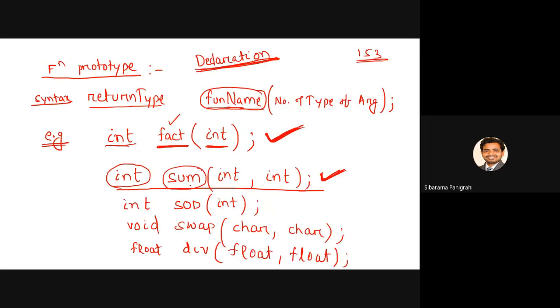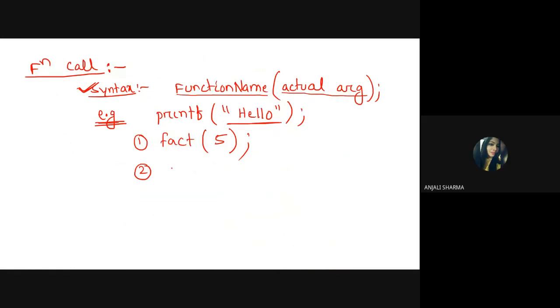Sum. So here what will you write? Sum. How many arguments were there? 2 arguments. A comma B. So a comma b you can write. Suppose here you have taken a equal to 10, b equal to 20. So here you can pass a comma b.